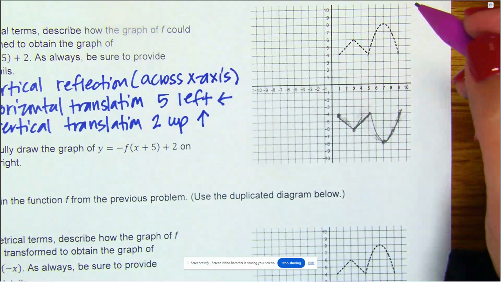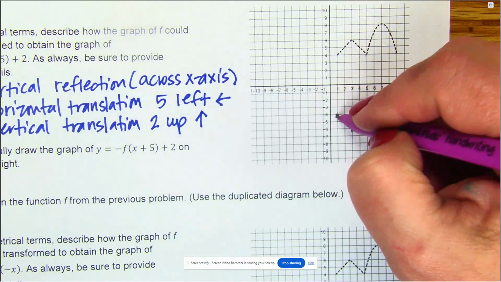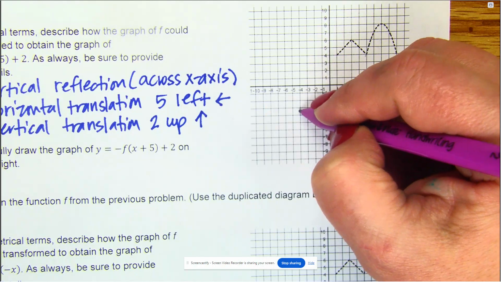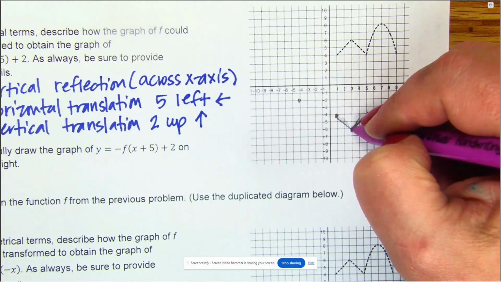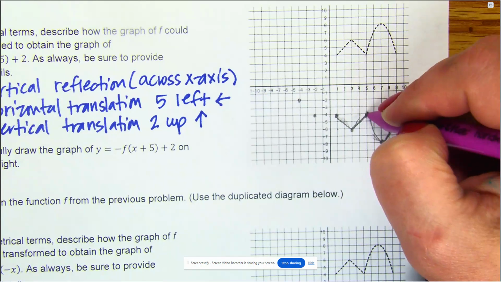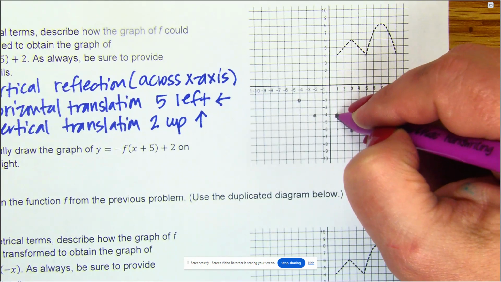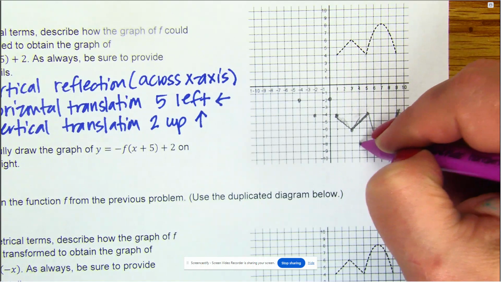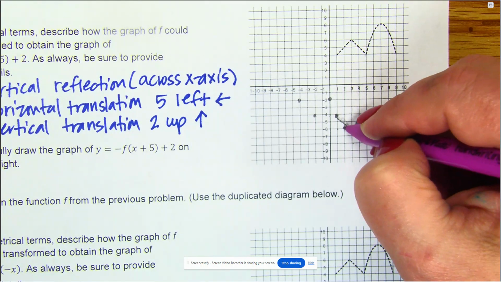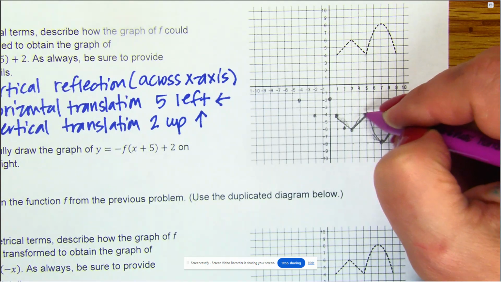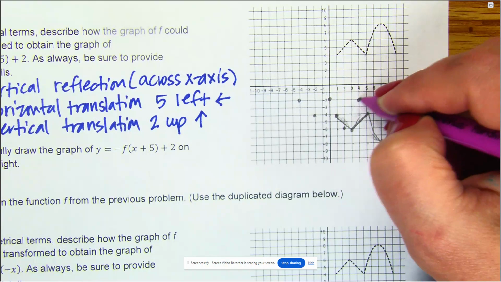And now I've done that, so now it's left 5, up 2. So I'm going to do each point. 1, 2, 3, 4, 5, up 2. Same for each of the remaining points.